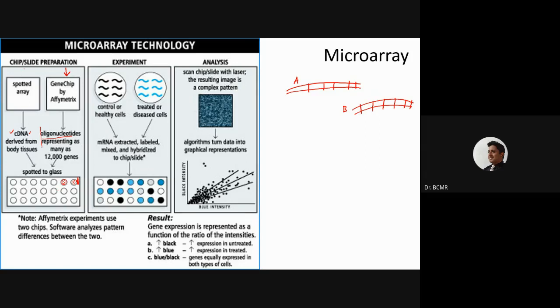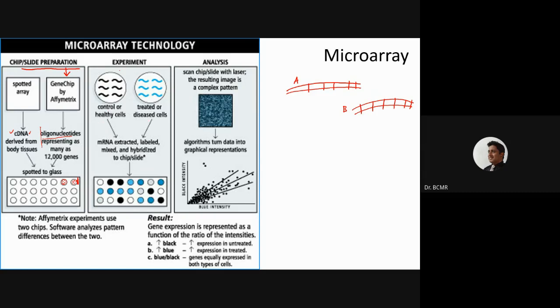And like that, one should have made the slide or the chip, which is the microarray, right? You are making an array of spots, each spot containing identical oligos, and those oligos are complementary to a particular gene in a genome.